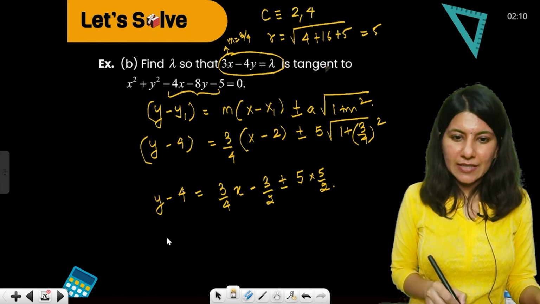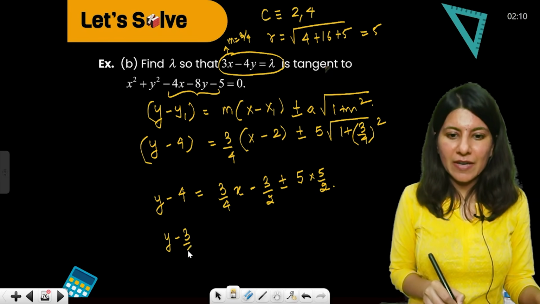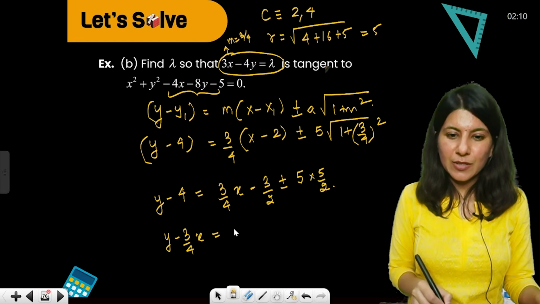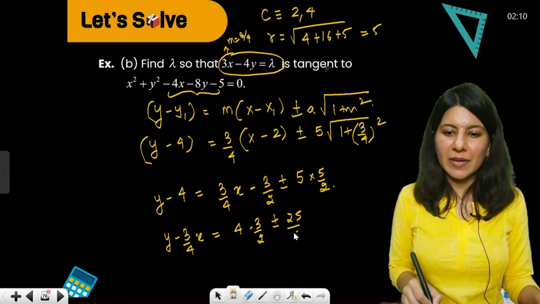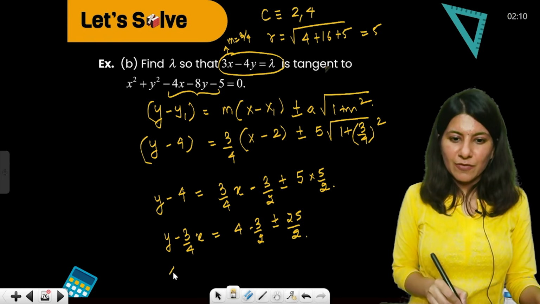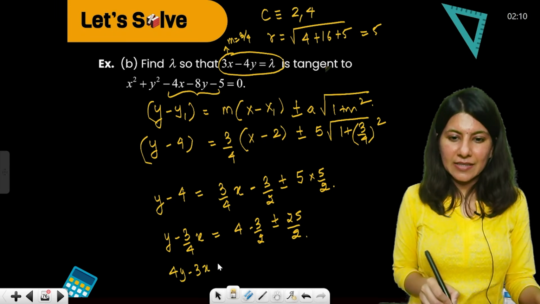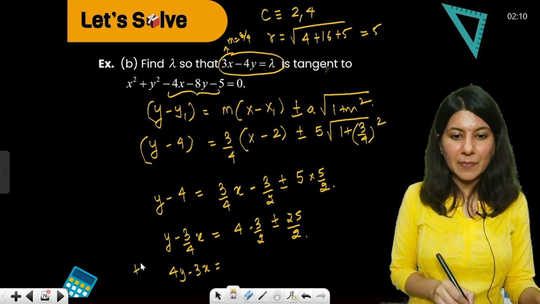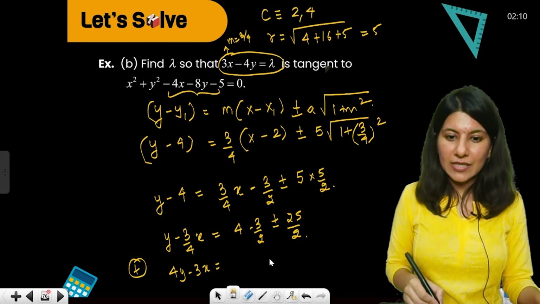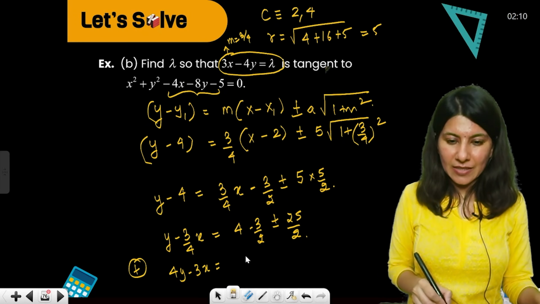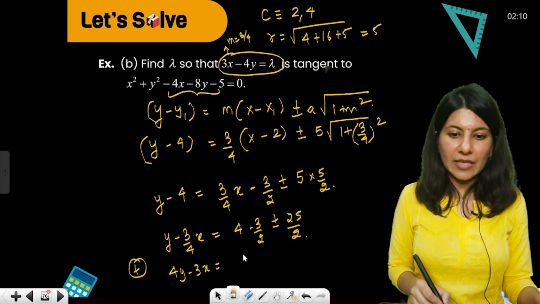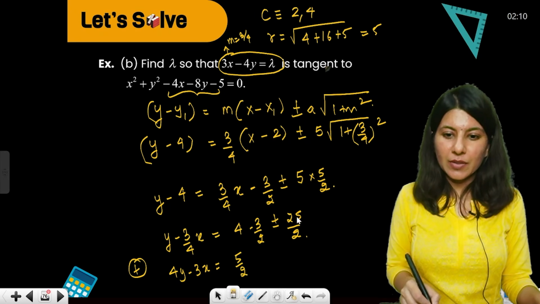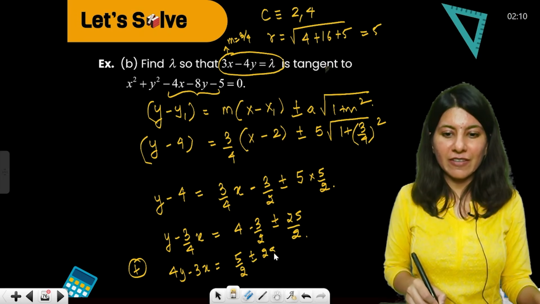Now this is y minus 3/4 x equals 4 minus 3/2 plus minus 25/2. So 4y minus 3x equals, now if you take the plus sign you will get one constant, with the minus sign another constant. 4 2s are 8, 8 minus 3 is 5 by 2. Sorry, yes, plus minus 25 by 2.